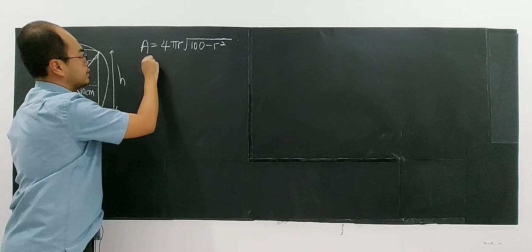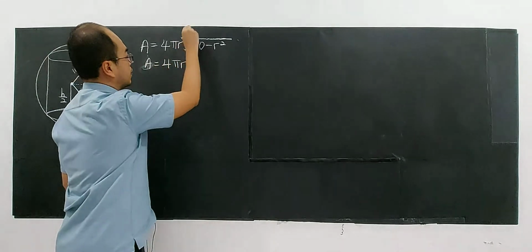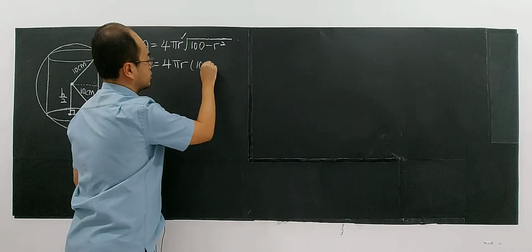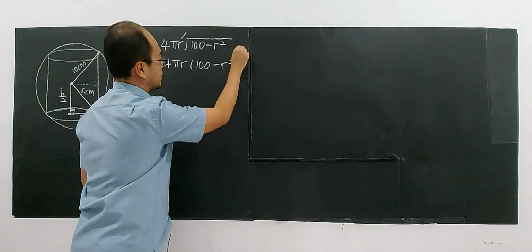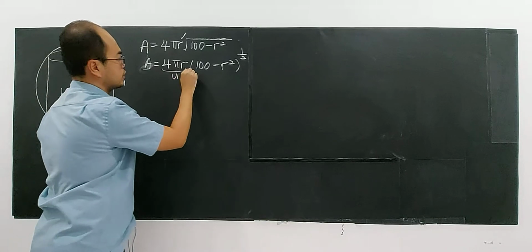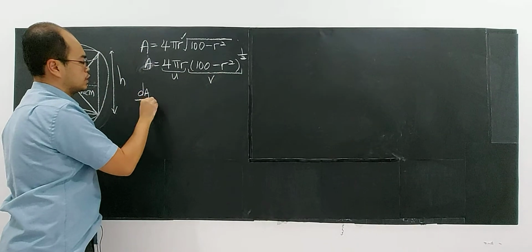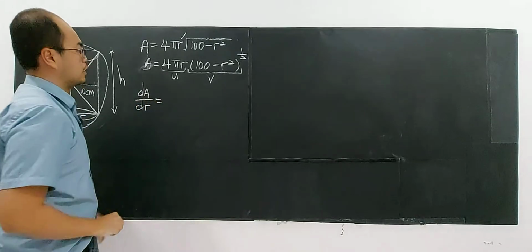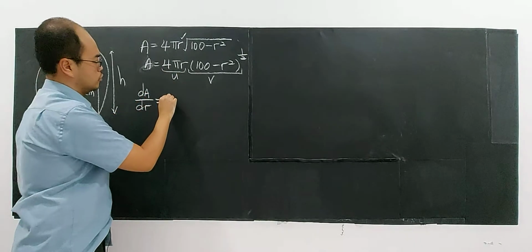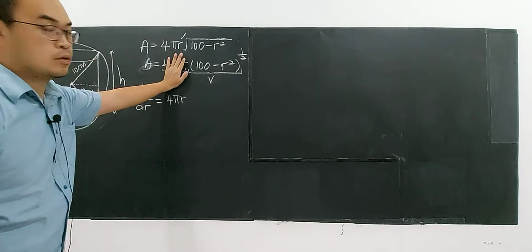Before you find dA dr, I think for this case you have to apply the product rule, as r is here and r is inside the bracket. So 100 minus r squared to the power of half. So I'm going to apply uv. Differentiate, so dA dr, u, you have 4 pi r, u v prime.